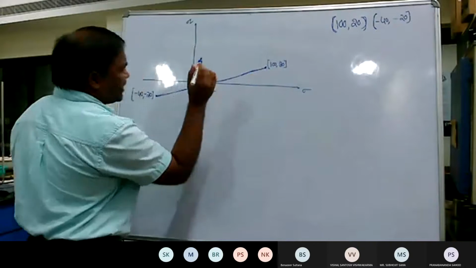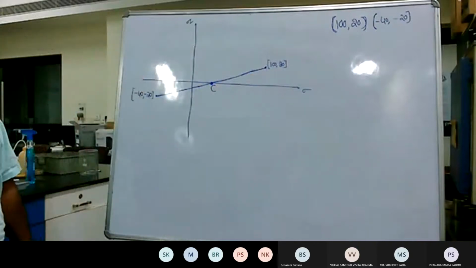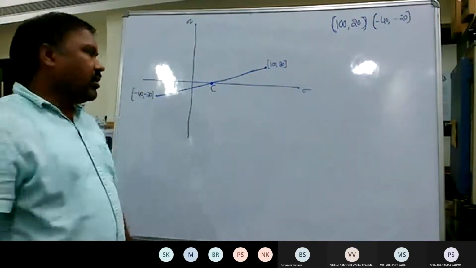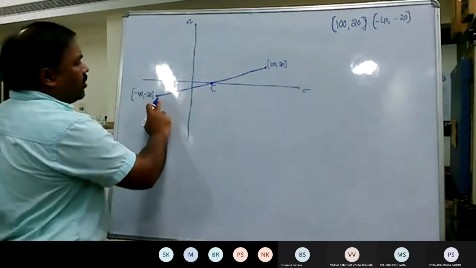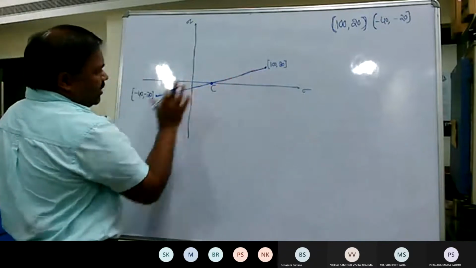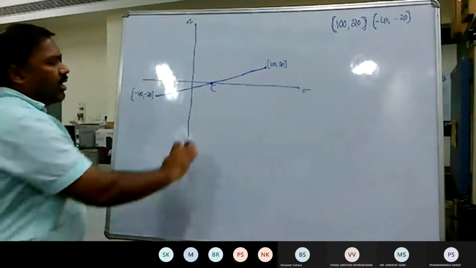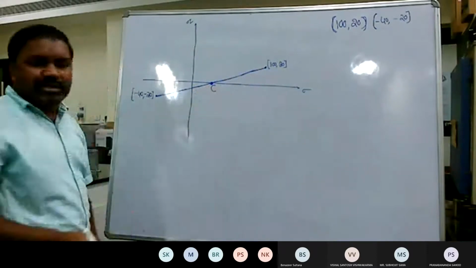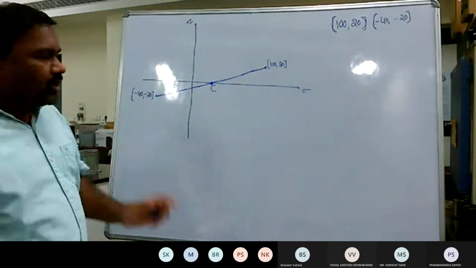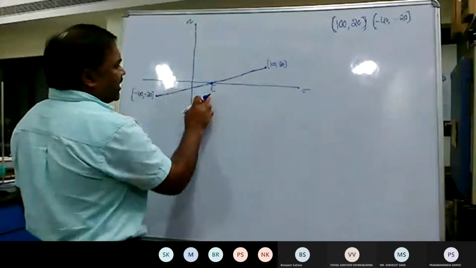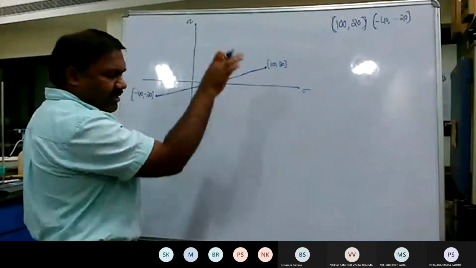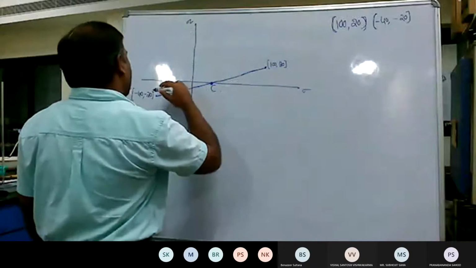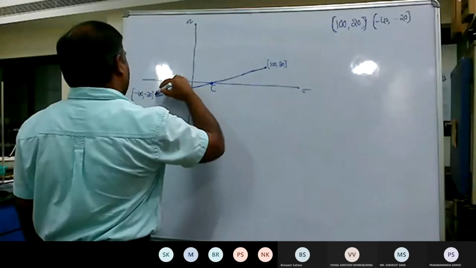You can designate this as the center of the circle. Now I know the diameter of the Mohr circle and where it intersects the normal axis, that is the center. So with C as the center, taking any one side as a radius, you can draw the complete Mohr circle.